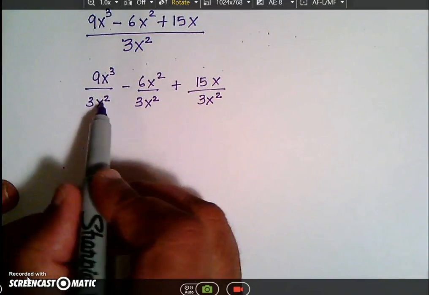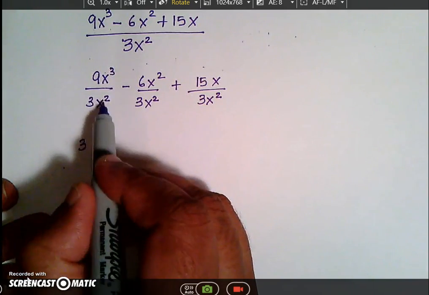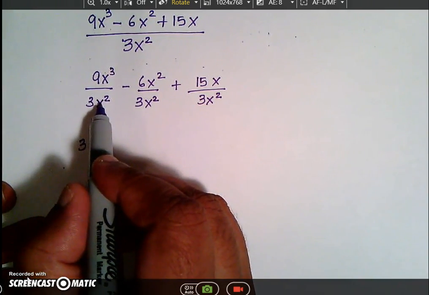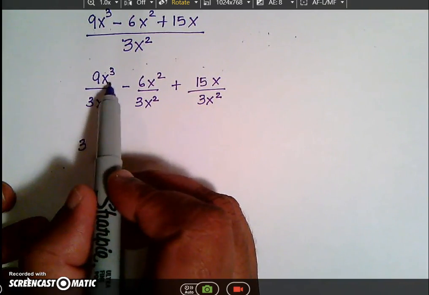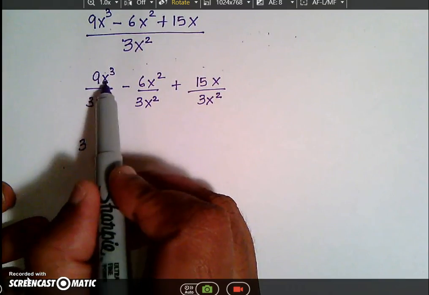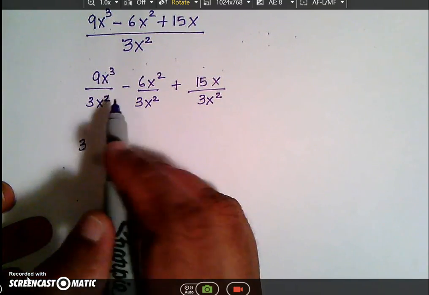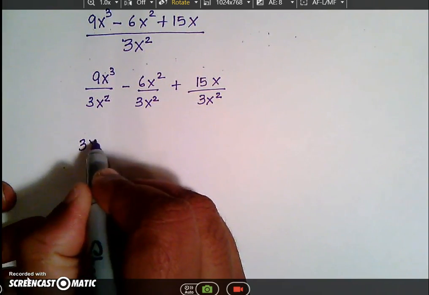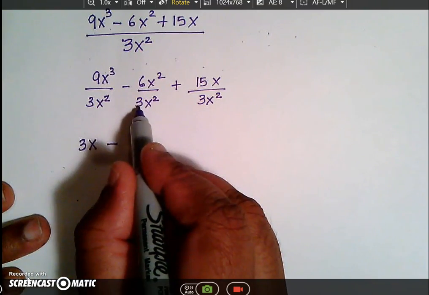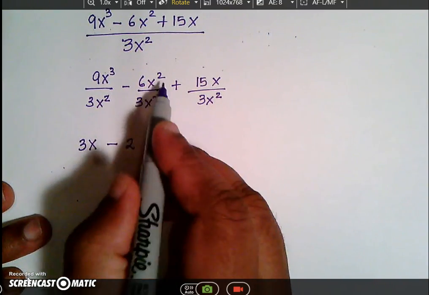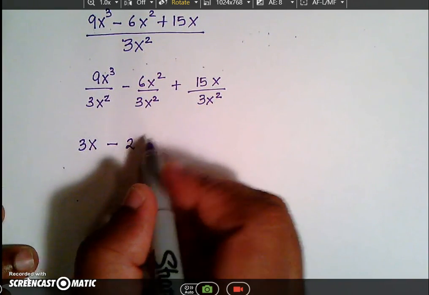Alright, so here 9 divided by 3 is 3. X cubed divided by x squared: this is power of a quotient, so I have the same base and I can subtract the exponents. So 3 minus 2 is 1, so 3x. Minus 6 divided by 3 is 2. X squared divided by x squared is 1, so I don't have any variable left.